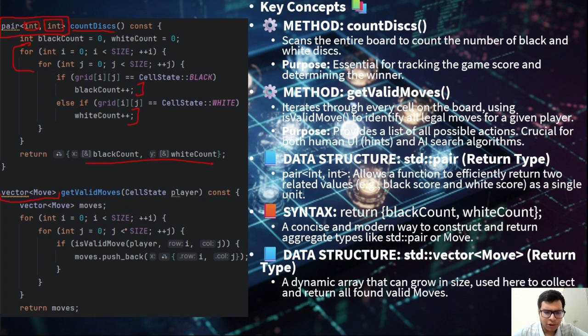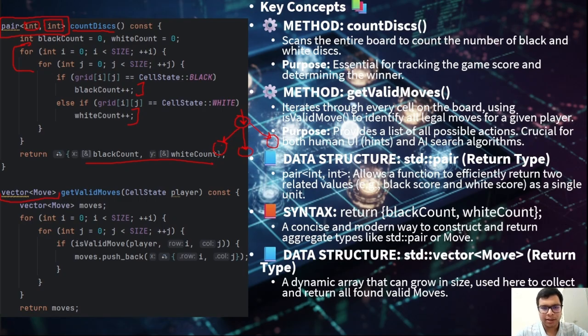But here, for our AI part, we feed these valid moves into the AI. Do you remember we expand the node? We first see what its children are. So this is basically that function which generates all its children. I am at this node right now, and I need to see where all I can go. I can go here, here, here.